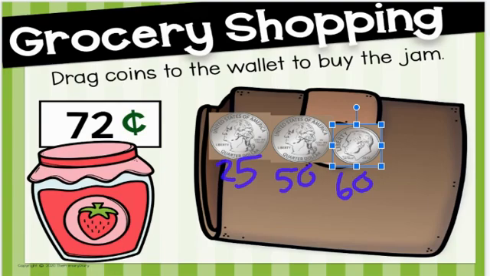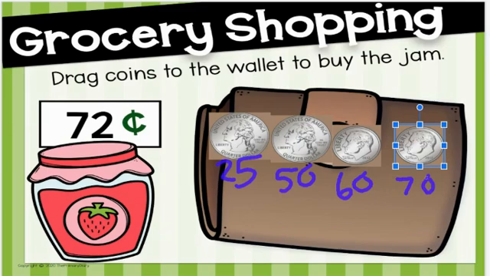Got to get to 72. Another dime is going to be another 10. That's 70. Ooh, it looks like we're almost there because I need 72. So I know I don't want another dime. That would take me to 80. That's too much. And a nickel would take me to 75. That's too much.